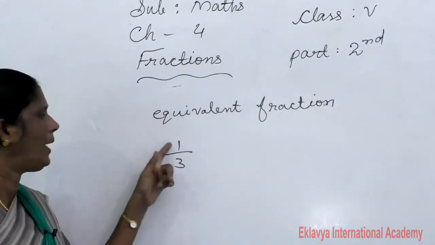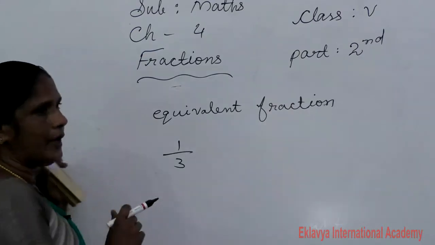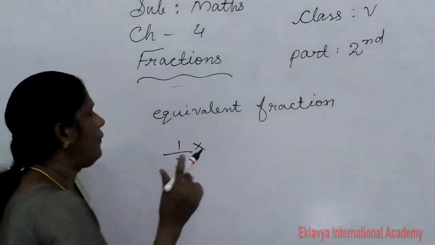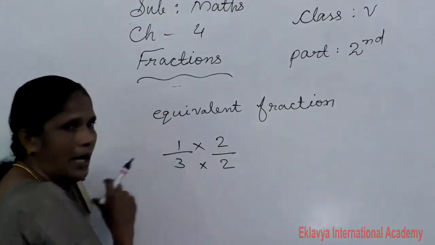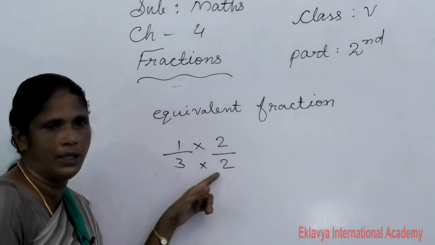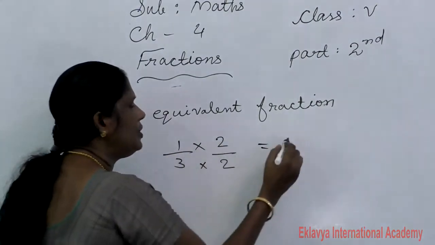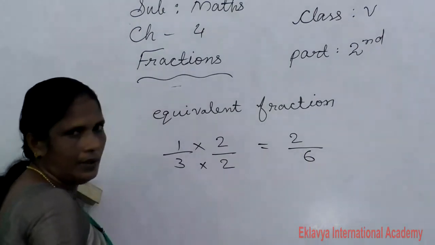Here 1 by 3, right? The next equivalent fraction: I multiply by 2 by 2, same number. Then the equivalent fraction is 1 2s are 2, 3 2s are 6.